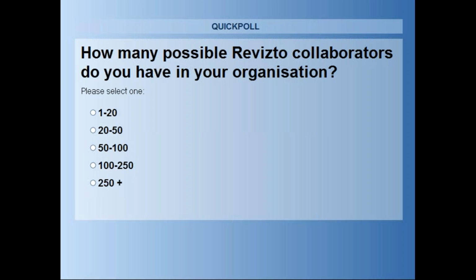Okay, we actually got more respondees in this one. Got a few larger businesses that are out there and quite a few teams that are using it in the teaming environment in that 1 to 20 space as well. Give it another second here.